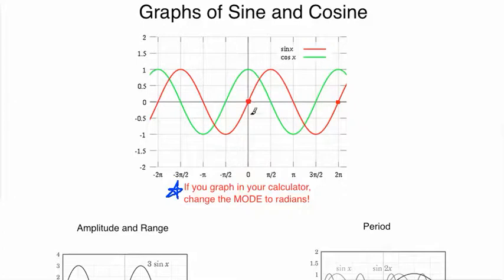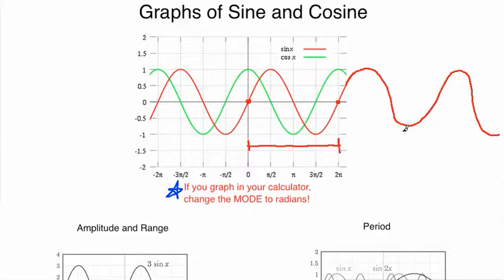If I were to take a picture of this and paste it over and over again, I would get the sine graph, because this continues to go up, down, forever and ever. So one cycle of this graph is from 0 to 2 pi, and this is just a basic sine graph.